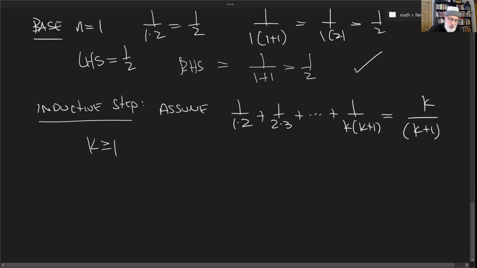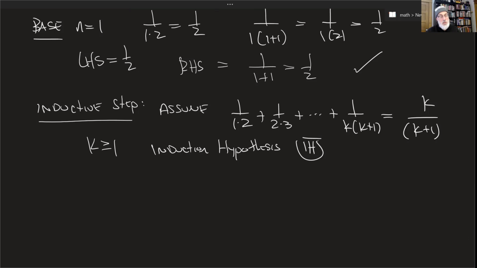So this is our induction hypothesis. So I'm going to label this the induction hypothesis. I sometimes use this, I sometimes don't. In longer proofs, when I'm tired of writing, I write IH, and so I say by IH, I don't have to write induction hypothesis, but this I don't think will be very long.